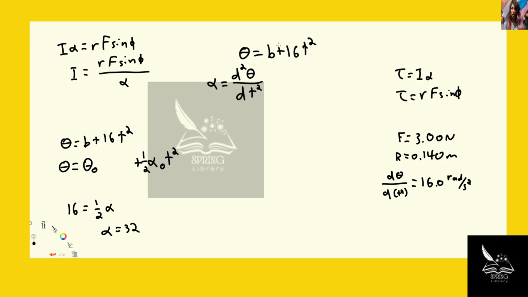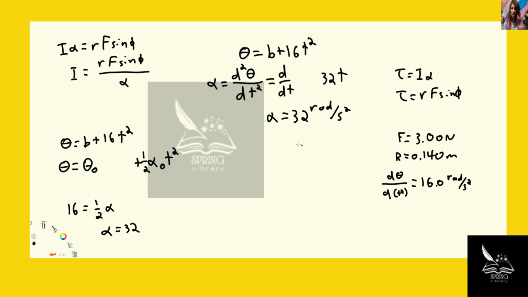So all we need to do is take the second derivative of this, taking the first derivative first. The first derivative is going to be 0, plus bring down the 2, so this will be 32t. And now take the second derivative, the 0 is going to stay 0, and then this derivative will just remove the t, and we will get alpha is equal to 32 radians per second squared.